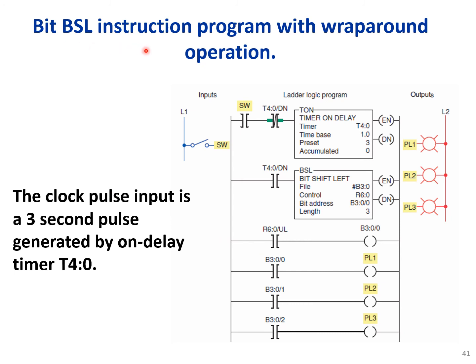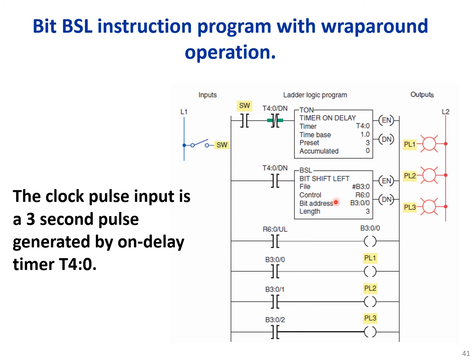Bit shift left instruction program with wraparound operation. We have a clock. This is a clock with a 3-second reset time value, and basically each 3 seconds we are shifting our bit register forward.